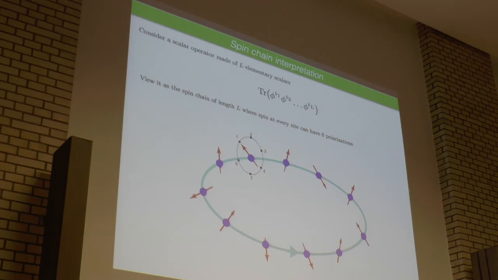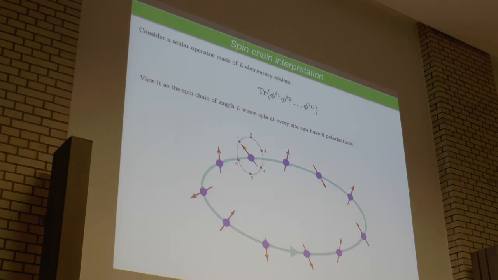Since we have 6 scalars, each of the indices I1, I2, and so on up to IL can run over 6 possible values, so you have 6 possible polarizations. You represent any of these fields as a state which sits on a site of a closed chain. At each site you can think of the field as an arrow which can point in one of 6 possible directions.